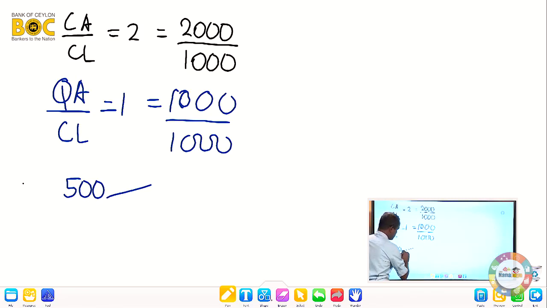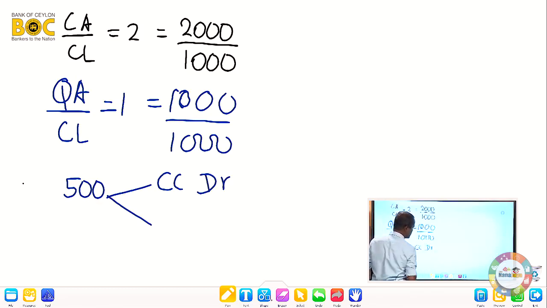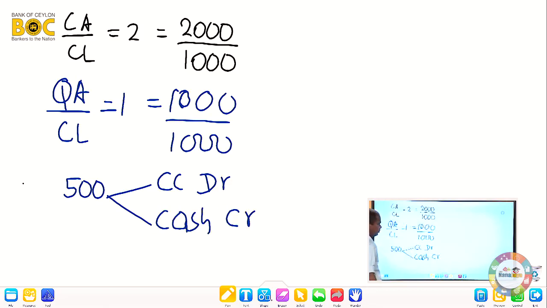What's the double entry? Creditors control account debit, and cash control account credit. When you pay creditors 500, creditors decrease and cash also decreases.